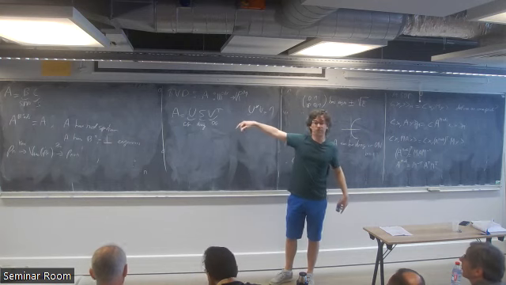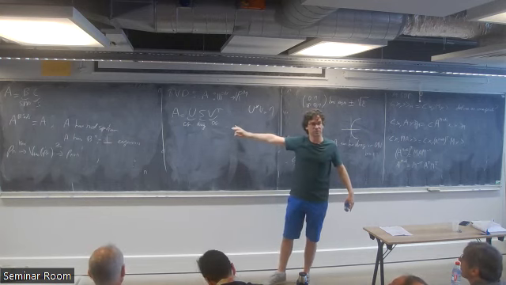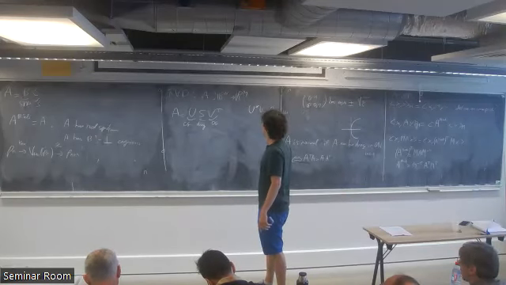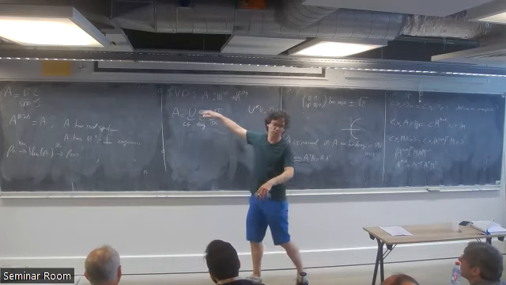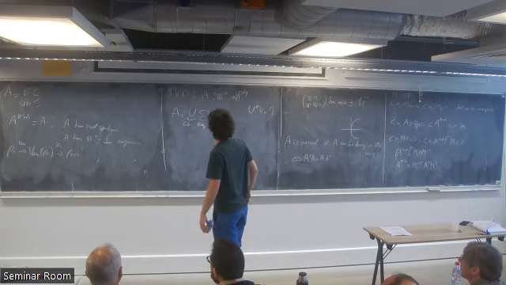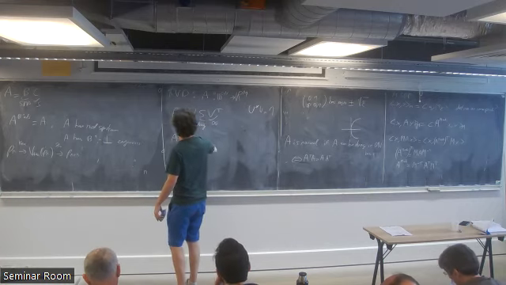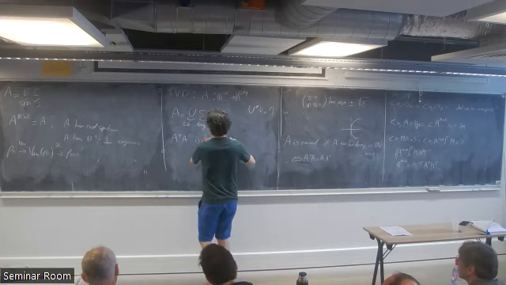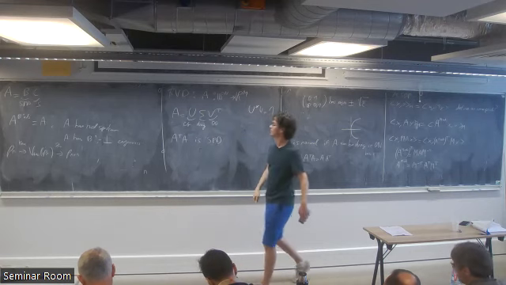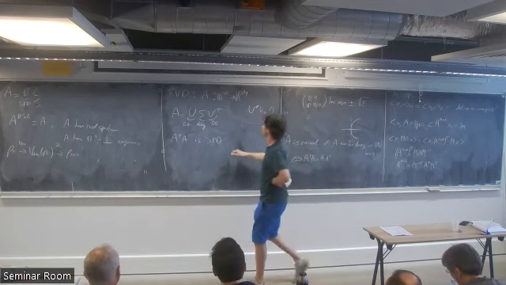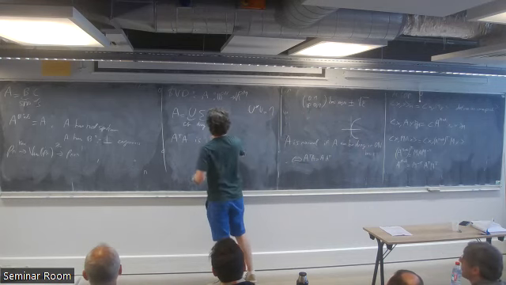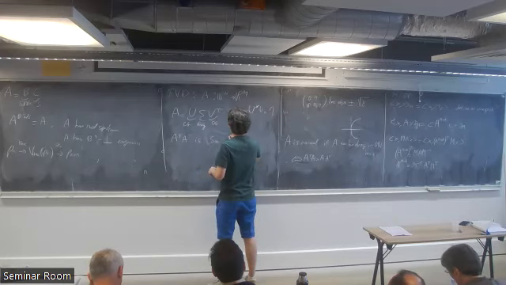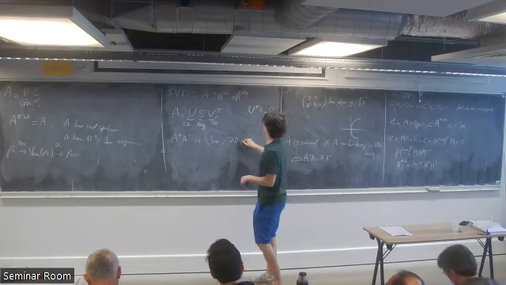Probably most of you know this, but let's do the proof, because maybe most of you don't know the proof. Proof: A transpose A is symmetric, with eigenvalues.